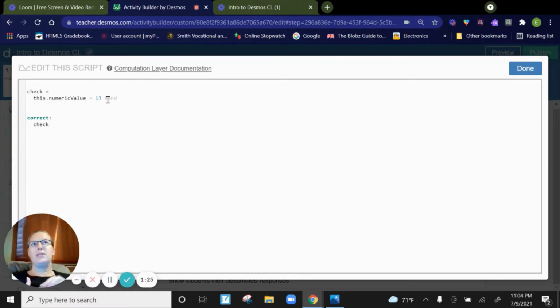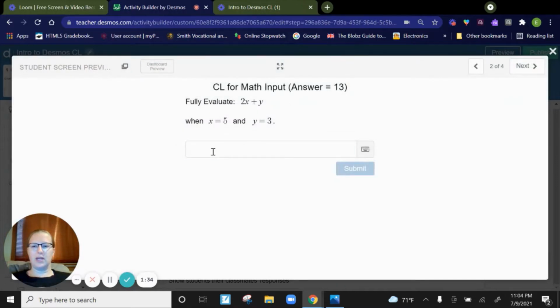So it was accepting like 26 over 2, and it was accepting, what is the actual problem? It was accepting 2 times 5 plus 3, and it was saying that that was correct. And probably you want the students to evaluate it and not just type in the substitution.